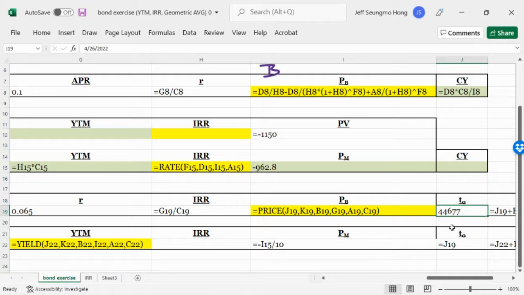But if you think about it, you divide it by 365, you will see it's going to be 122 something. That exactly speaks to my point, right?